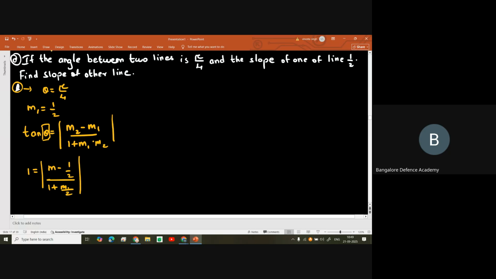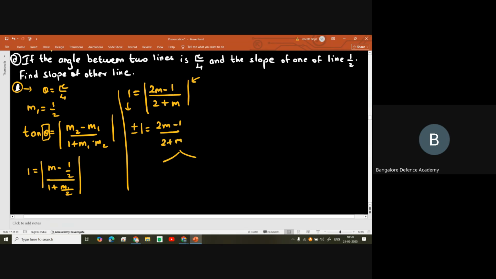Imagine you have to solve like this. Now equating this, you get 2m minus 1 divided by 2 plus m. If I want to remove the modulus, on the left hand side you have 1, so you have to assume it as plus or minus 1. Now you can solve this in two ways: you can take plus 1, 2m minus 1 by 2 plus m, and you can take minus 1.